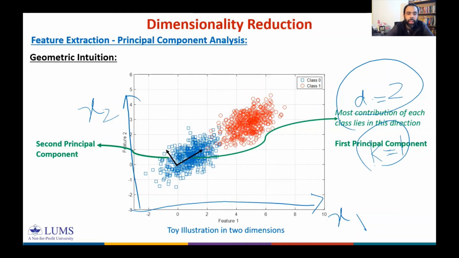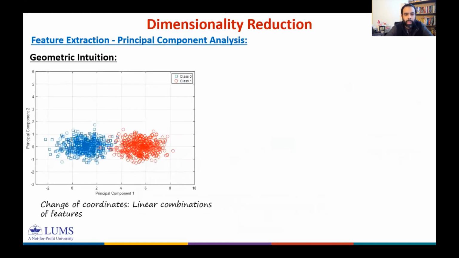Once I obtain these two principal components, originally data is represented in the form of x1 and x2. If I represent my data in these new bases, using these two vectors, right? Okay, let's see. Once we obtain principal components, I have represented my data using principal component 1 and principal component 2, right?